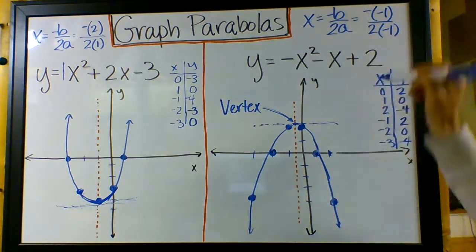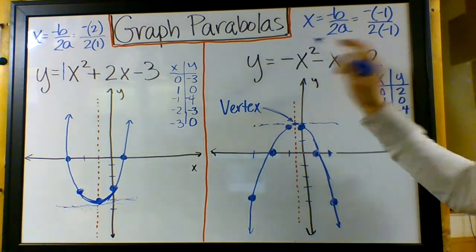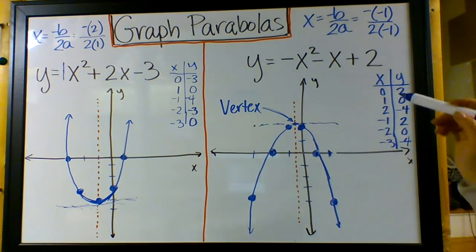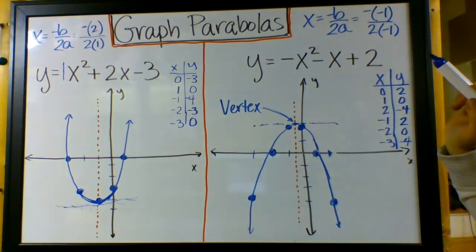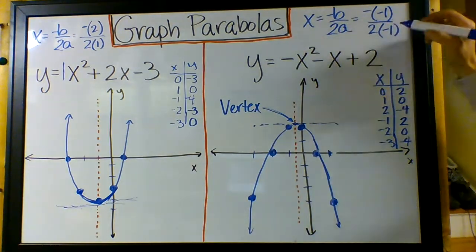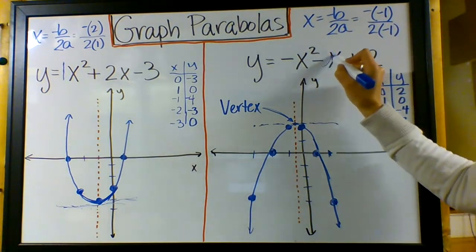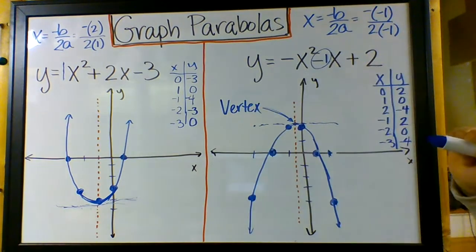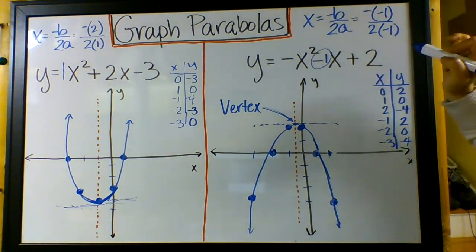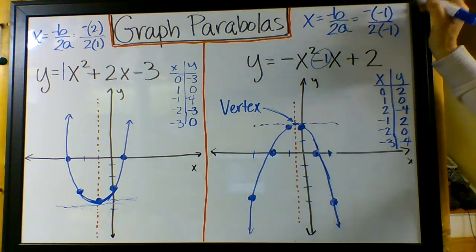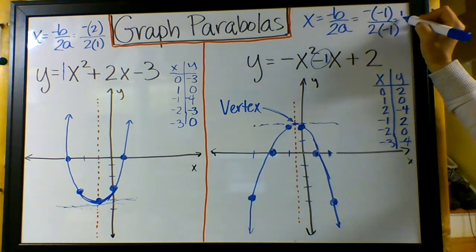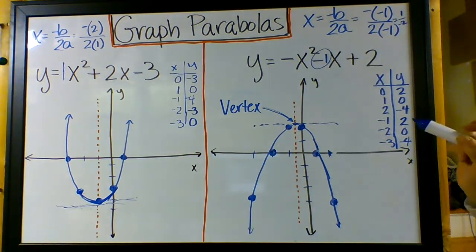On my board here, I said, let's just check this axis of symmetry. The axis of symmetry, again, is x equals -b over 2a. So I plugged in -b, and there's an invisible 1 there, so -1 over 2 times -1, and that equals 1 over -2, or -1/2.